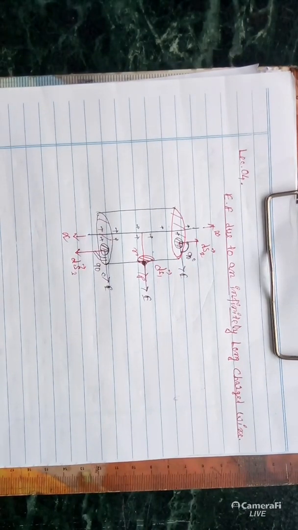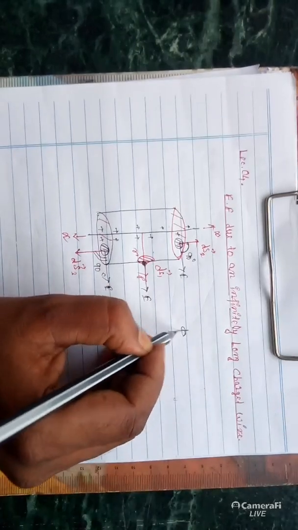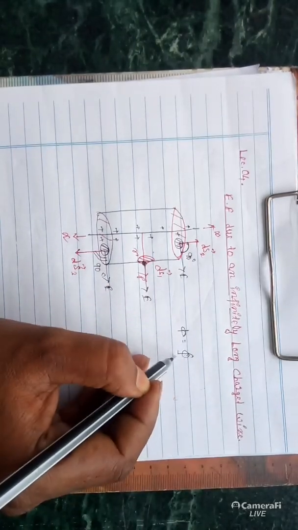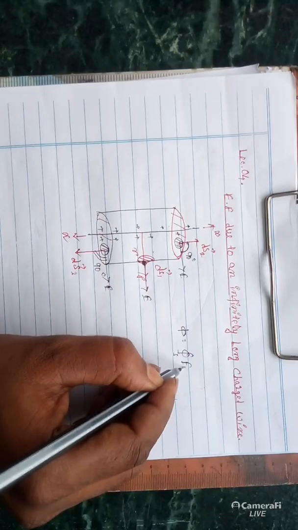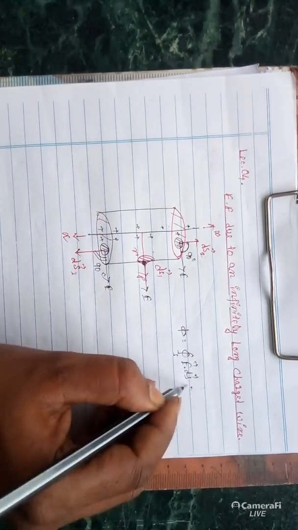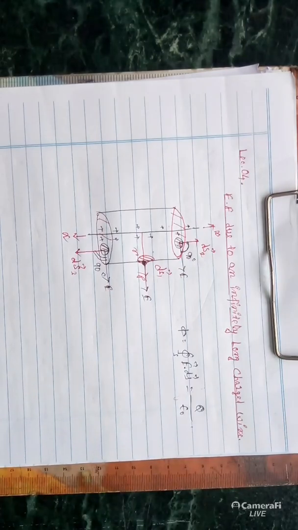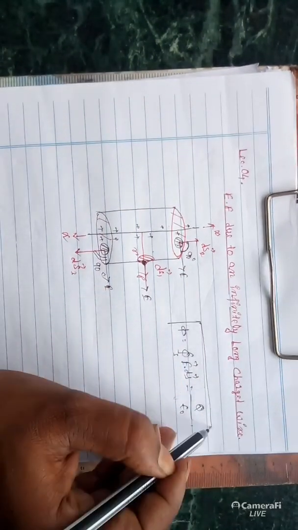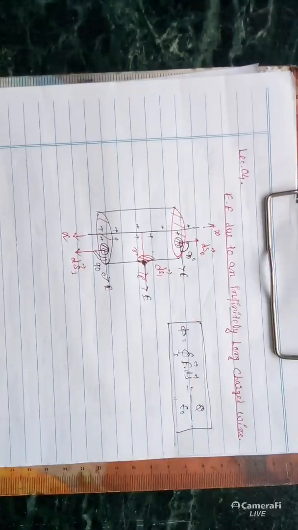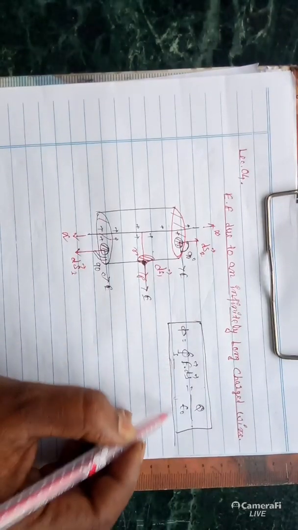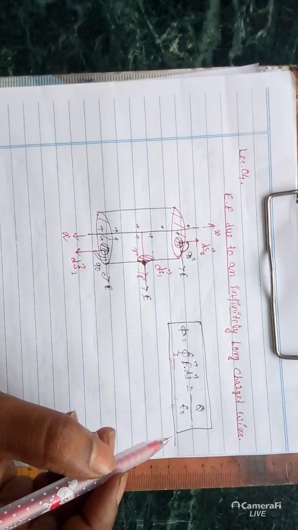What is the Gauss law? You have to remember phi is equal to the closed integral of E dot ds is equal to the total charge inside the surface divided by free space permittivity. We are going to use this theorem.